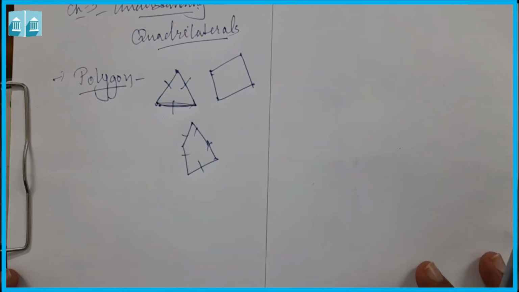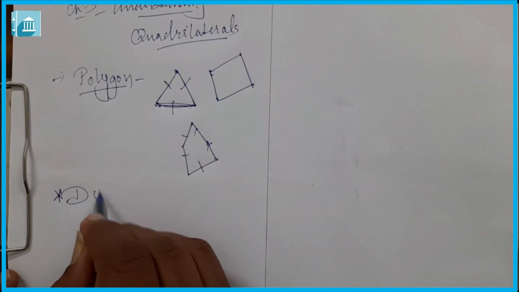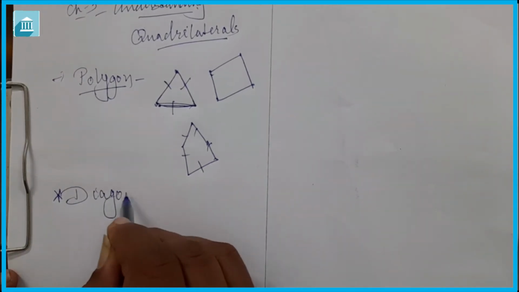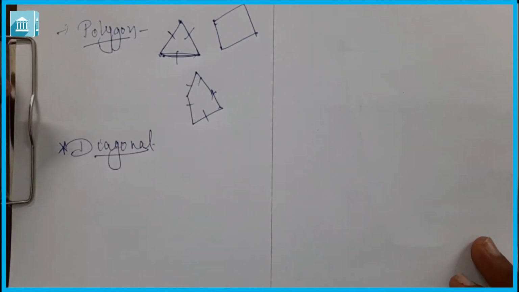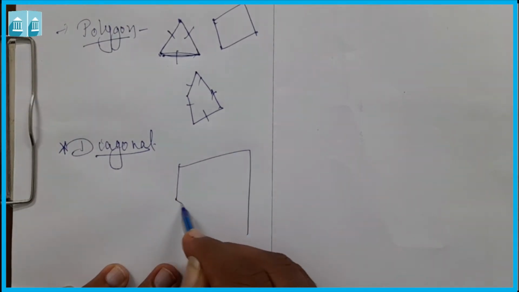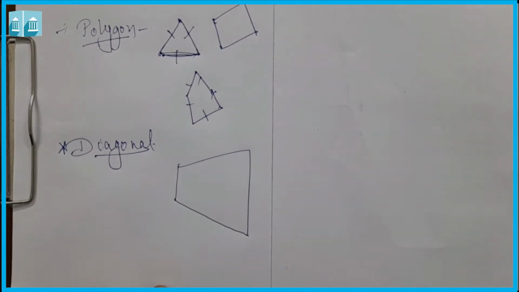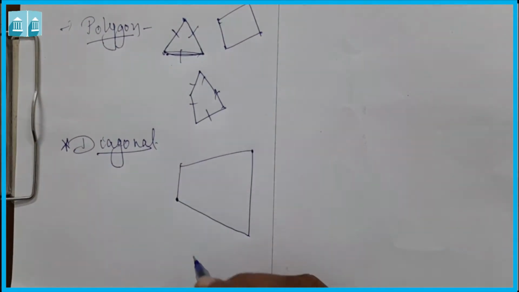Now let us learn about diagonals. Suppose this is the figure of a quadrilateral. The diagonal is a line segment connecting 2 opposite vertices of a polygon. 2 opposite vertices means these are the 2 opposite vertices.